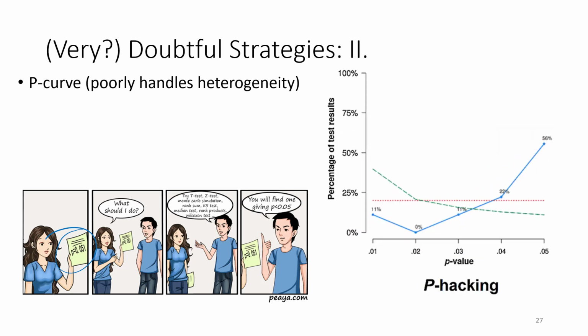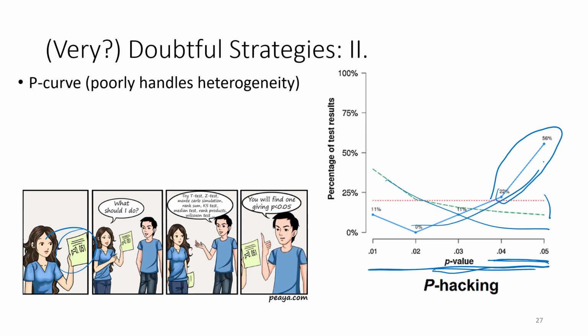And related to that, a p-curve strategy has emerged. In this, what you're doing is examining whether the distribution of p-values in the studies exceeds that expected by different norms. So one of these is a power line and the other is an alpha line. So in this case, it looks like they're p-hacking because you shouldn't expect the tail of that distribution to go up. The tail should go swooping down instead of swooping up.